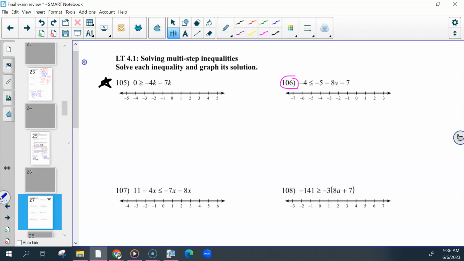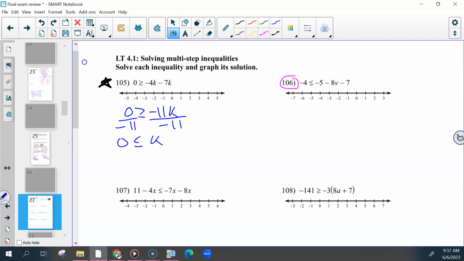So here we have to combine like terms when we do this work in this open space. 0 is greater than or equal to negative 11k. And then divide both sides by negative 11. Because we divided both sides by a negative, the sign will change. Because this is written backwards, you have to know how to graph it.